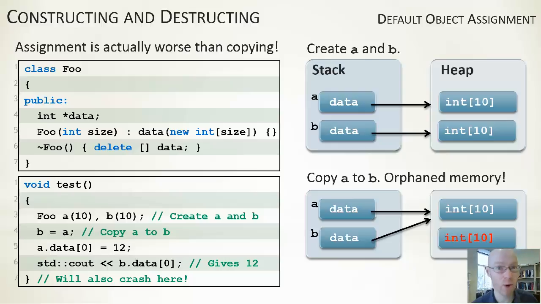It will result in orphaned memory, so we've lost that particular integer array, can never get it back. It's slightly a moot point because in line 7 the program will crash, but ever so slightly worse. So we need to be careful about using these things and about any time we're copying or assigning objects when they point to or refer to other data.